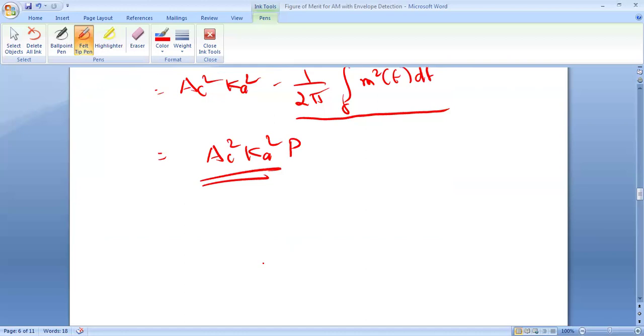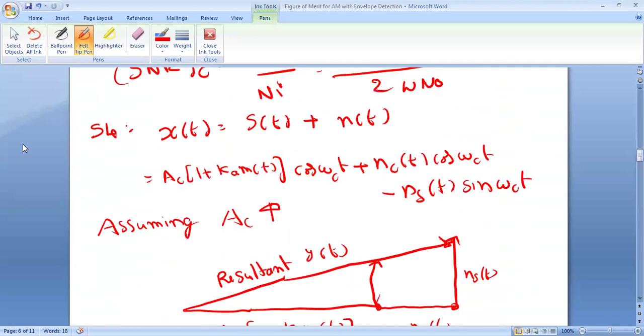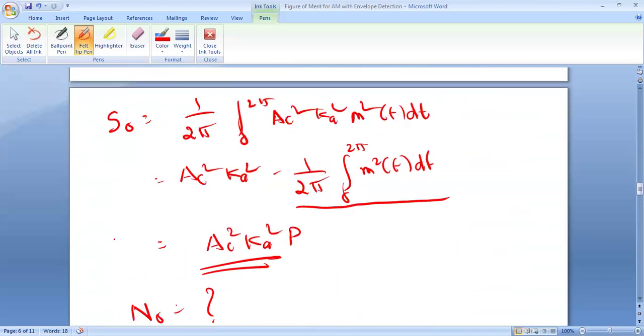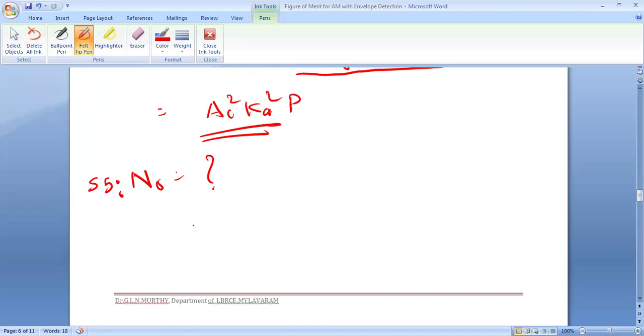Now what is left over? The leftover thing is, okay, the last one, NO. What is the output noise power? If I mention these steps here, S3 or S4, okay. S5, we are estimating step number 5, output noise power. How can we obtain it? NO equals 1 over 2 pi, 0 to 2 pi, NC square of t dt.